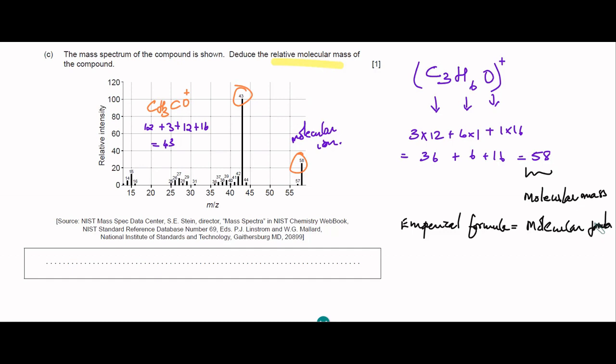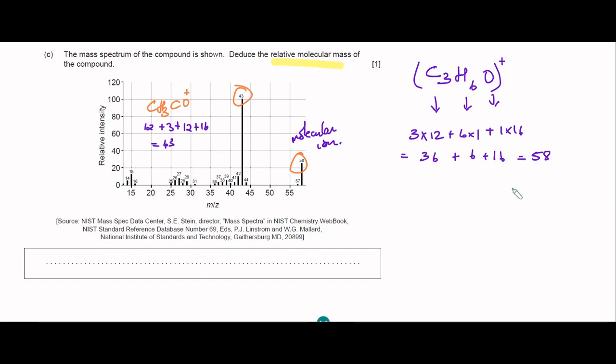So with 3 carbon, 6 hydrogen, and 1 oxygen, and a carbonyl functional group, which could be an aldehyde or a ketone, I have 2 options. Our compound could be CH3COCH3, or it could be CH3CH2CHO.